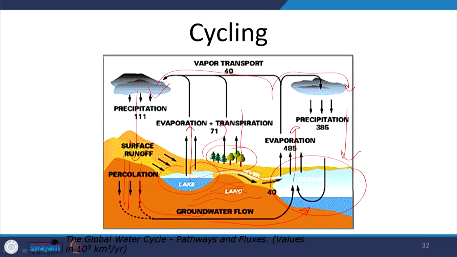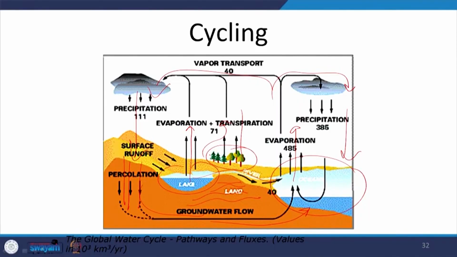Now, once we have understood how the water cycle is taking place, if it is not altered, this is what it is. However, if we look at it in the current scenario, when we cut down these trees, we have less of transpiration here.